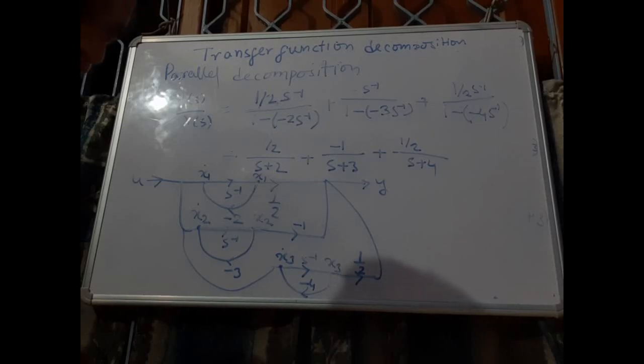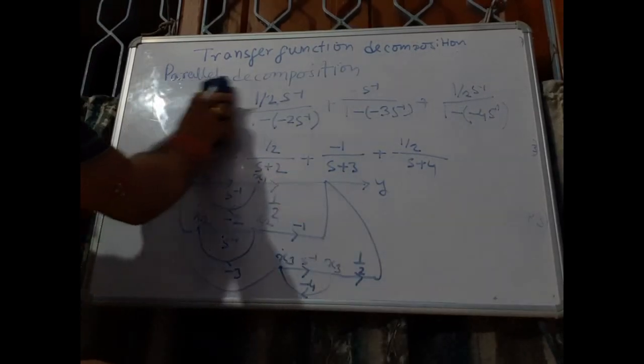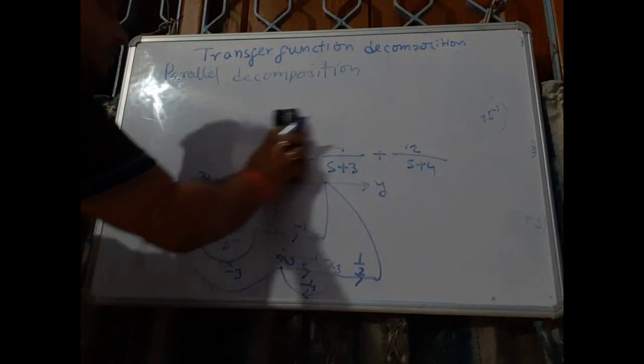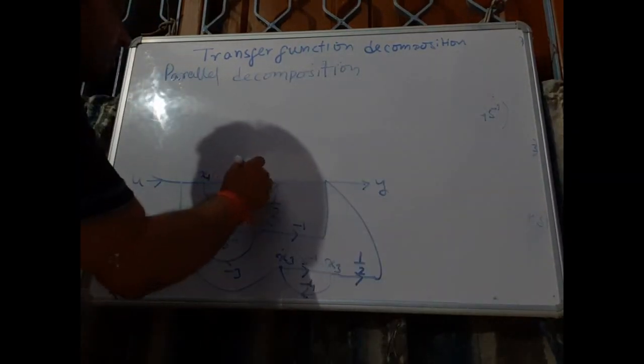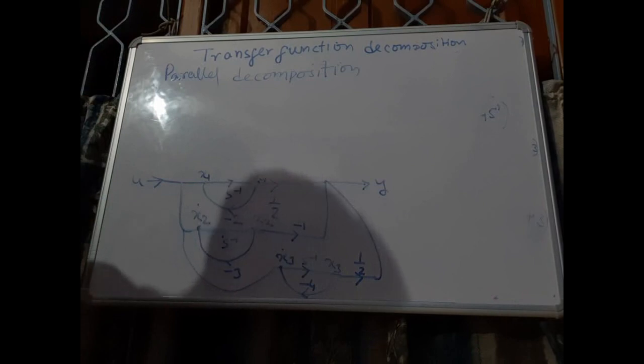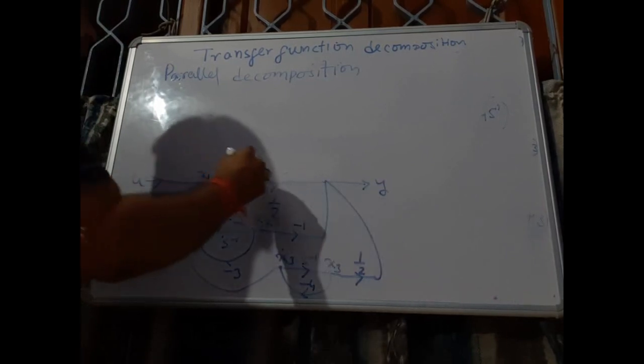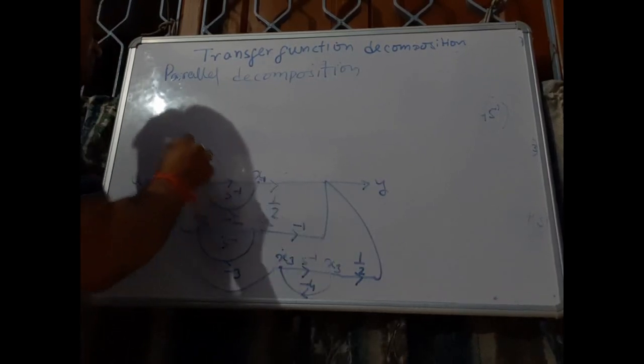State space analysis. Okay, now from this diagram we can write down the three equations. This is x1, this is x1 dot.